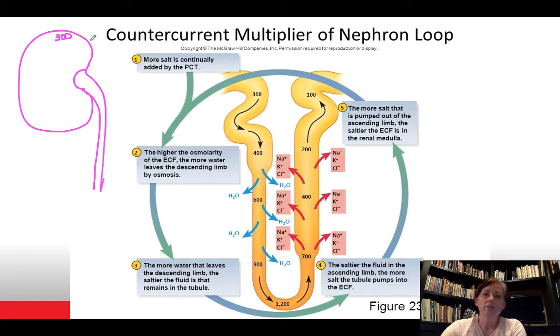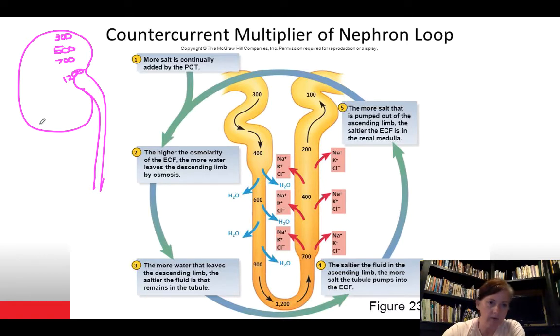This medullary osmotic gradient means that the osmolarity is going to increase as we travel deeper into the kidney. It's going to keep increasing in terms of concentration of solutes up to the point where we get to about 1200 milliosmoles.